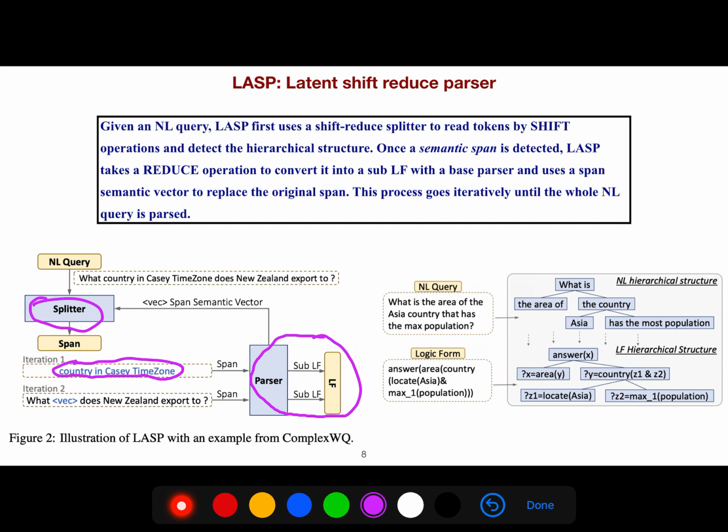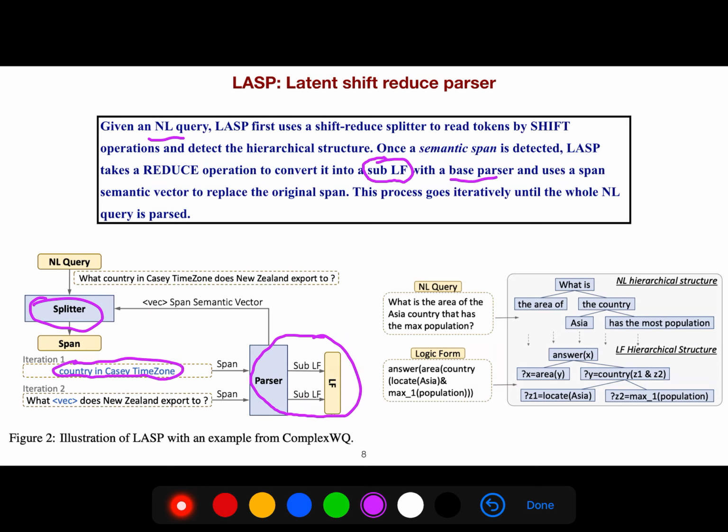So given a natural language query, it first uses the shift reduce splitter to read tokens by shift operations and detect the hierarchical structure. Once a semantic span is detected, it takes a reduce operation to convert it to a sub-logical form with a base parser.